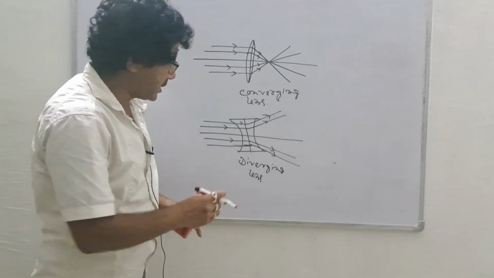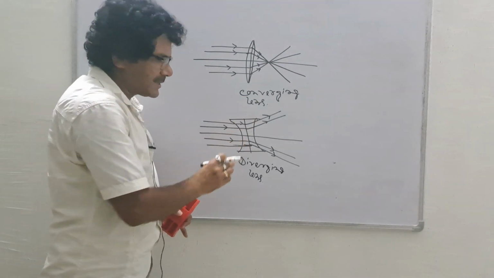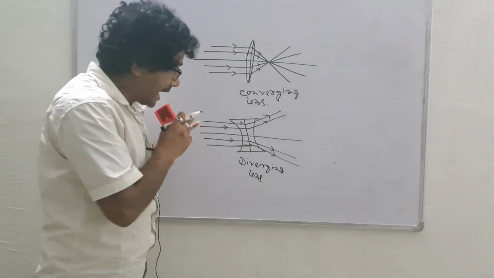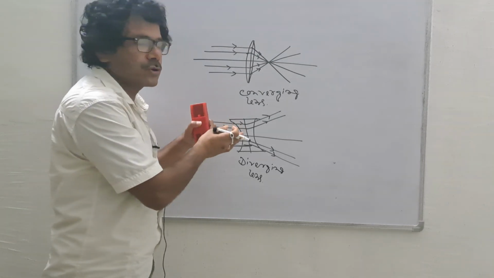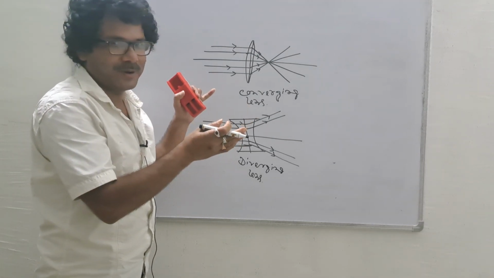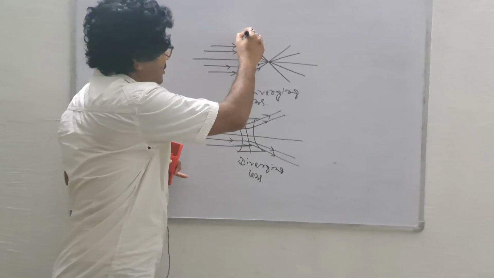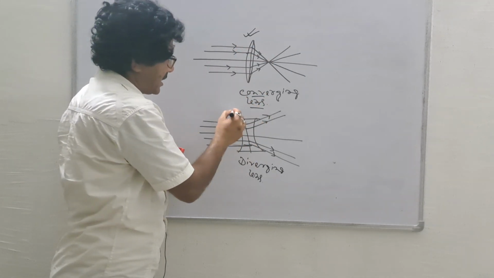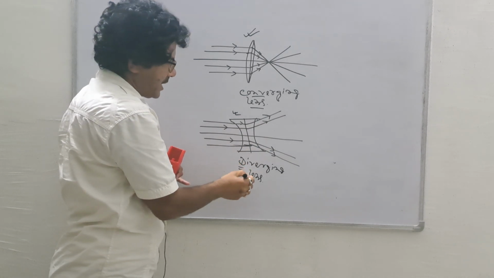Understood? That is, a concave lens is said to be a diverging lens because it diverges the parallel rays of light passing through it. So the convex lens is also called a converging lens, and the concave lens is also called a diverging lens.